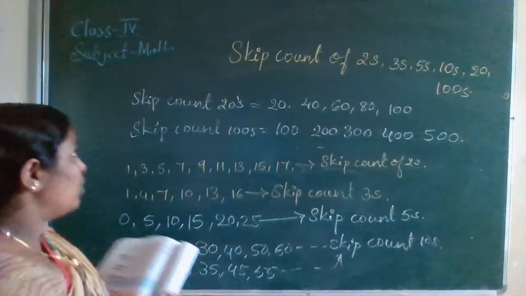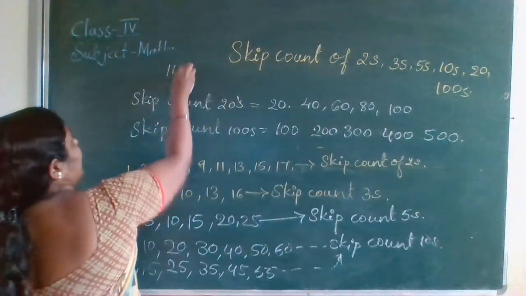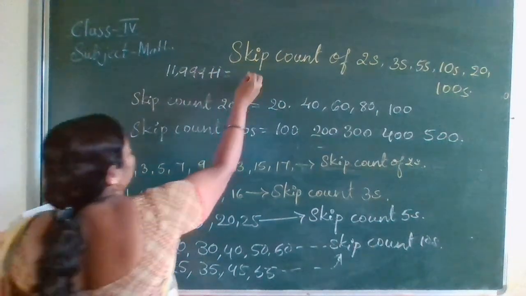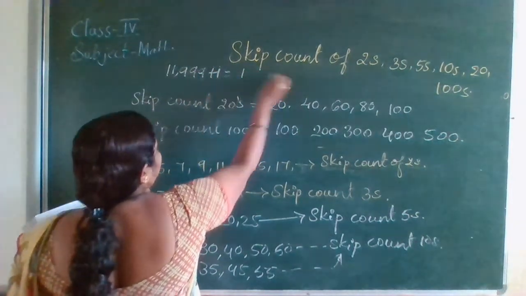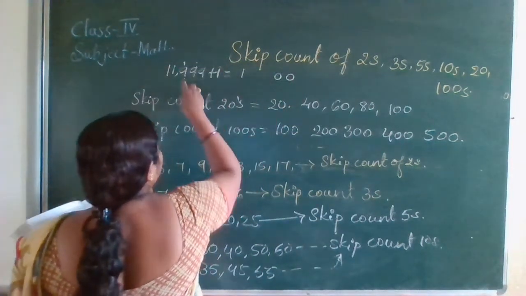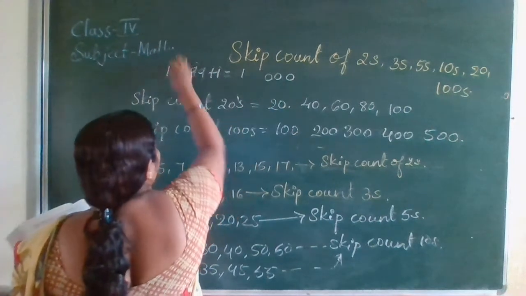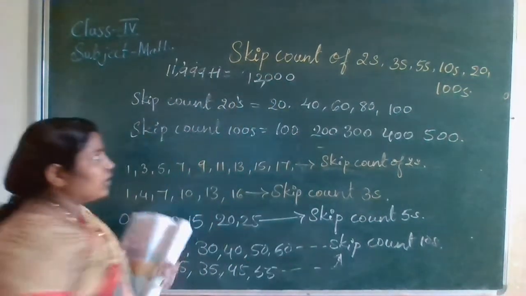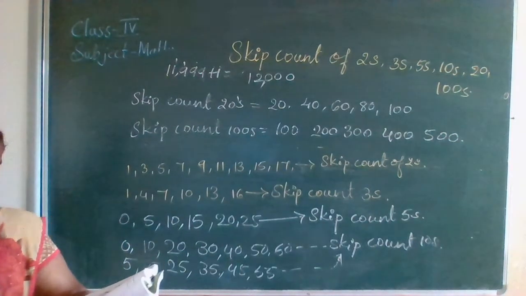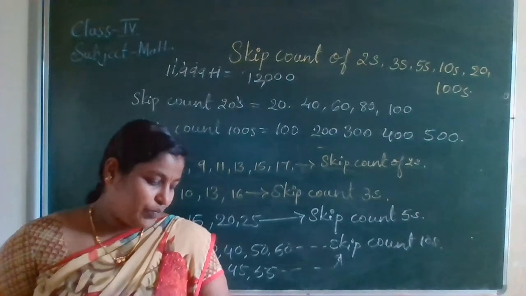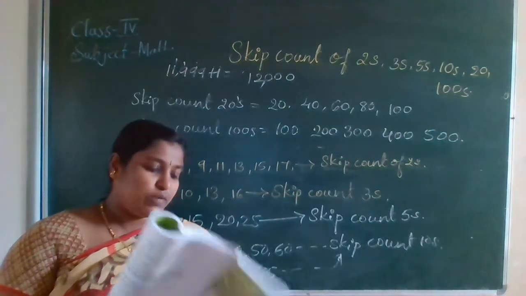So 11,999 plus 1: 9 plus 1 is 10, carry to this; again 9 plus 1 is 10, carry; again 9 plus 1 is 10, carry to this, it will become 2. So 12,000. Where is option C? That is 12,000.